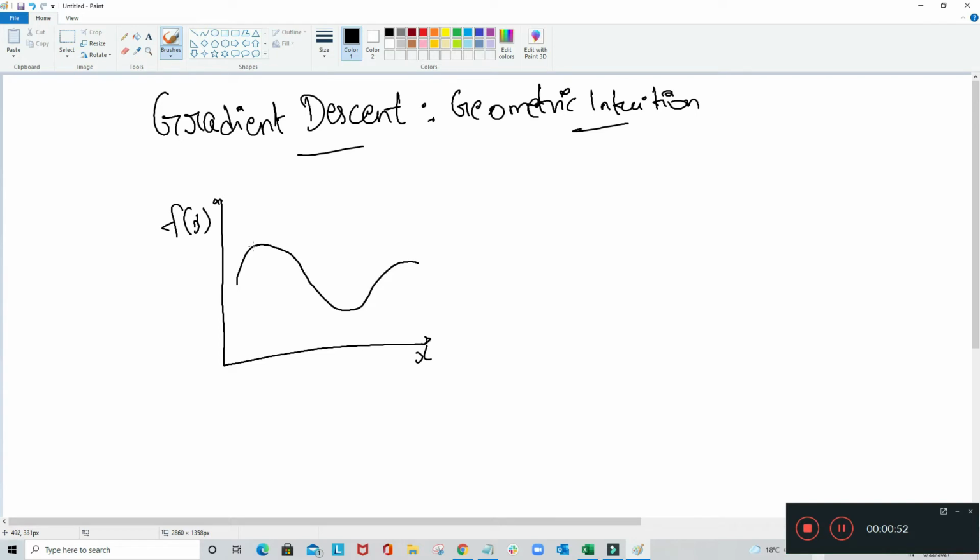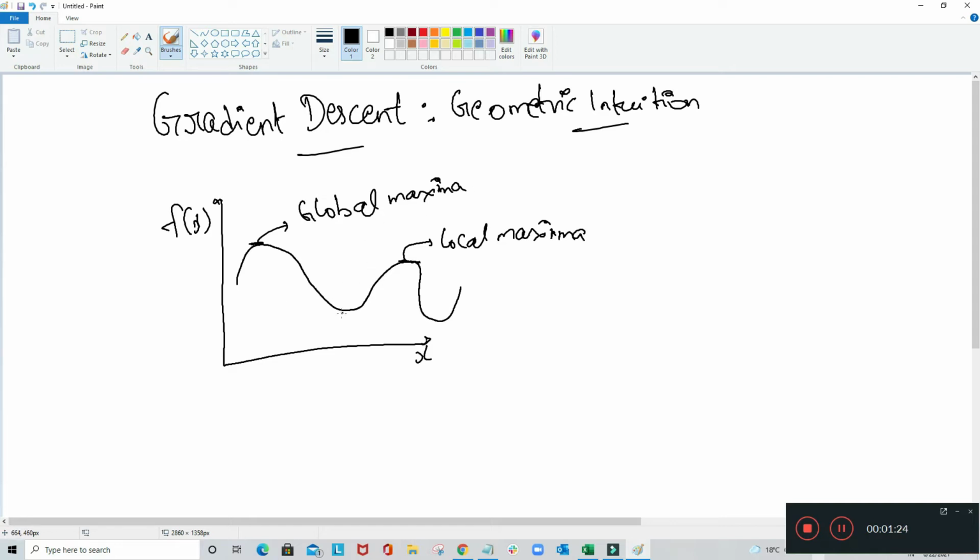In this graph, the one with the highest peak is called a maxima. These 2 points are called maxima, but this one is called the local maxima, and this is called the global maxima.